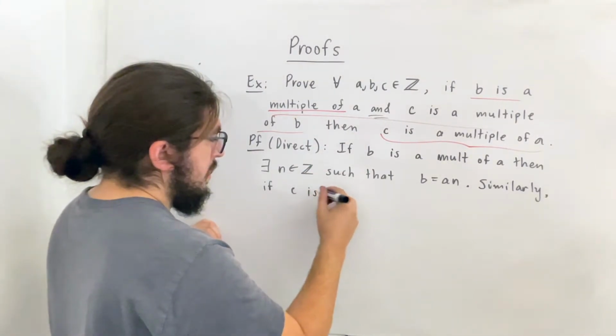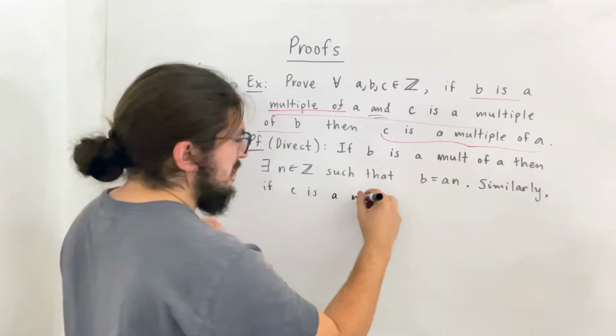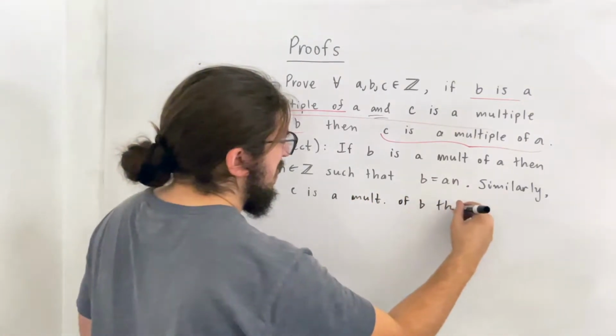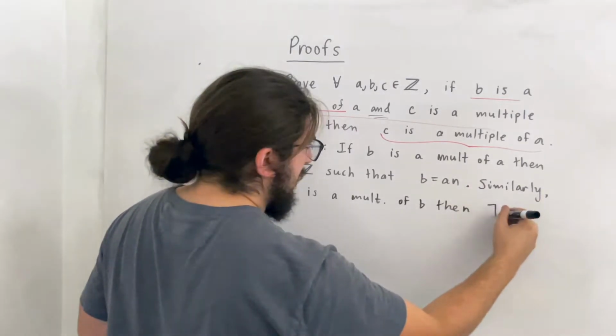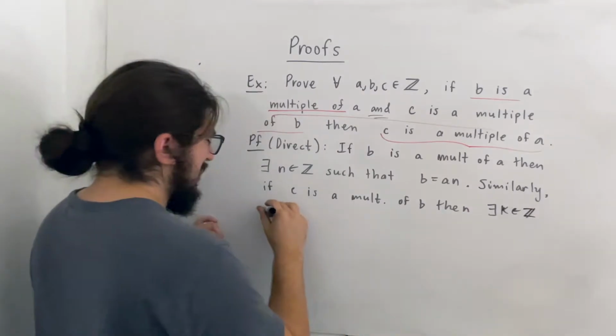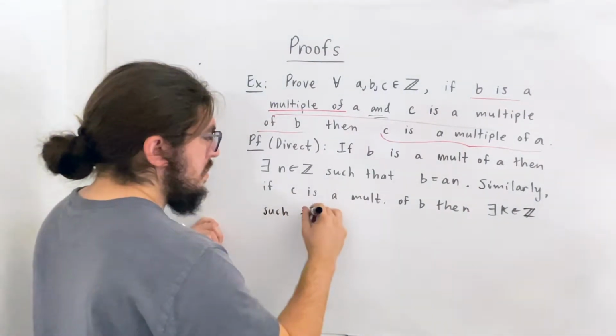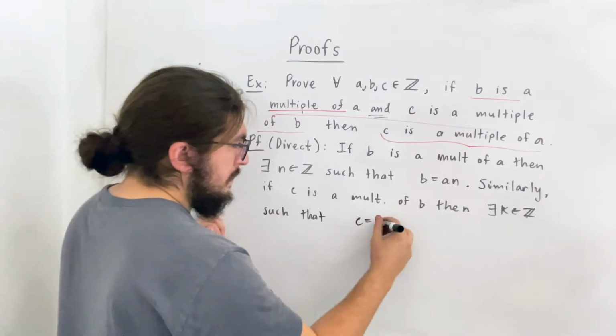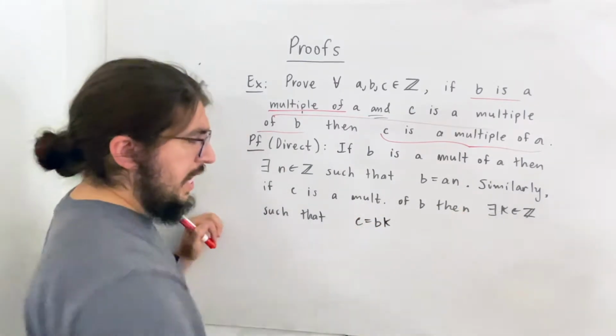So if c is a multiple of b, then there exists another integer, not the same one, but another one, let's call it k, such that c is equal to b times something else, and then we're calling that something else k here.